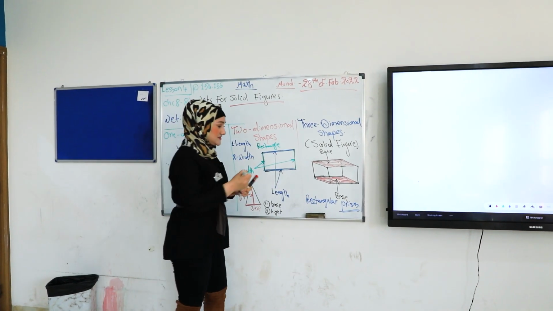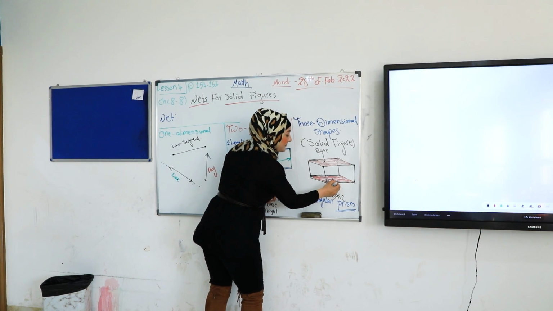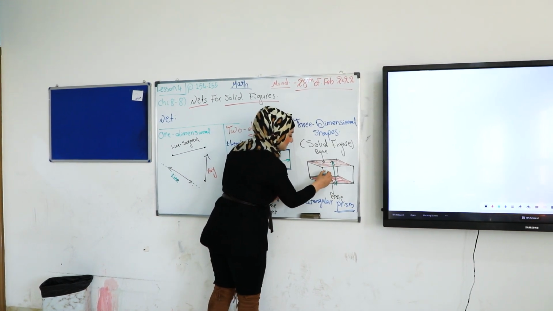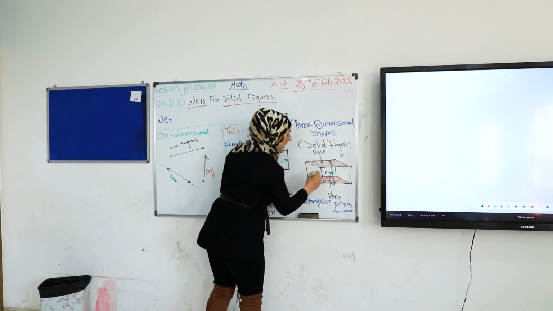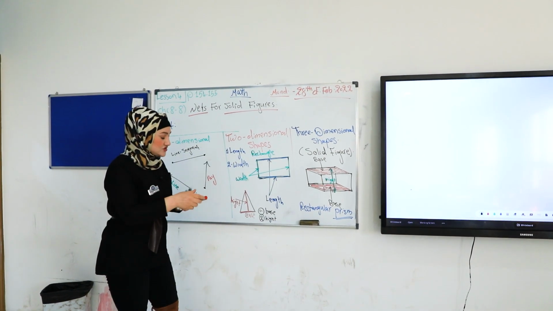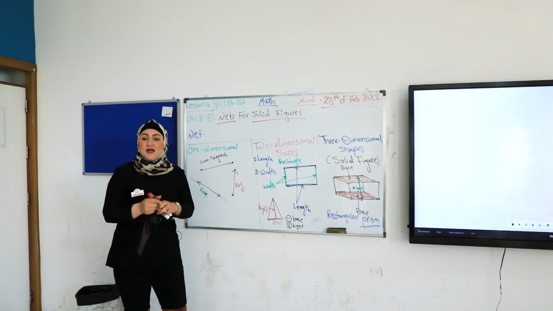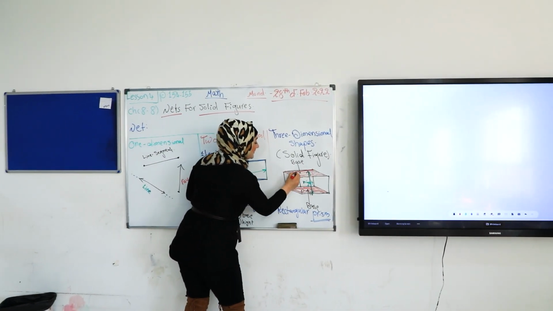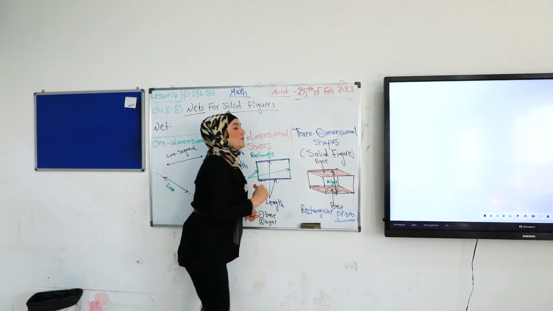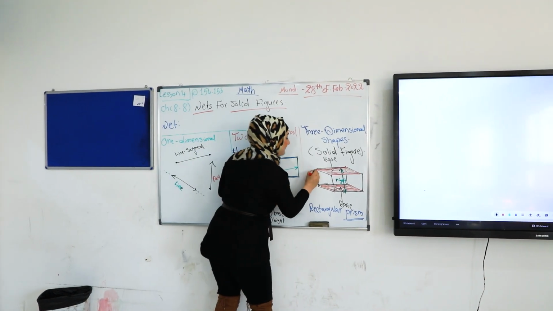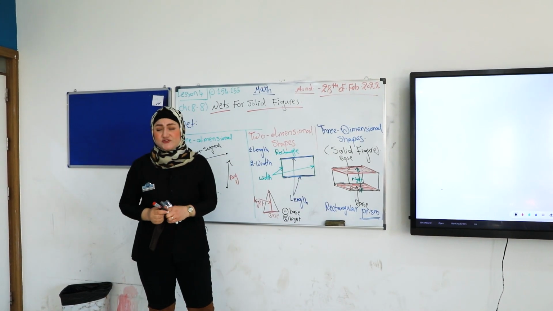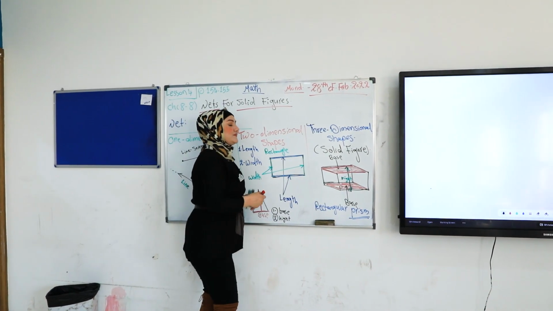So, as you see, we have the height. Where is the height? From the very, very bottom to the top, we call it height. What about the length and the width? The length, we know, the very long ones, we call them length, and the wide sides, the shorter ones, we call them width.